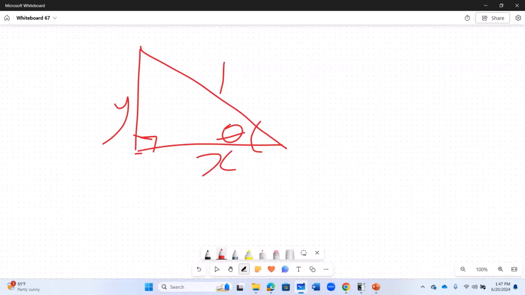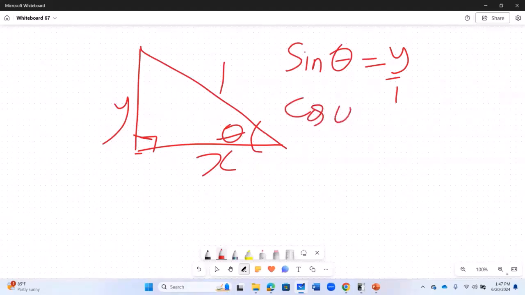So let's find the sine of theta, of that unknown angle, where the arbitrary point is (x, y). Sine theta is opposite over 1, y over 1. Cosine theta is adjacent over 1.